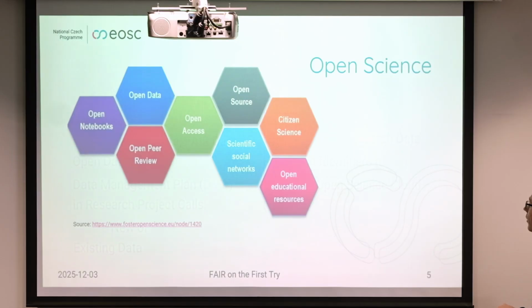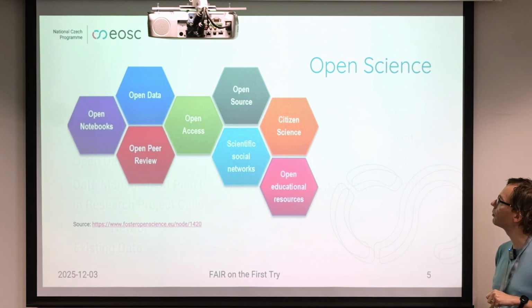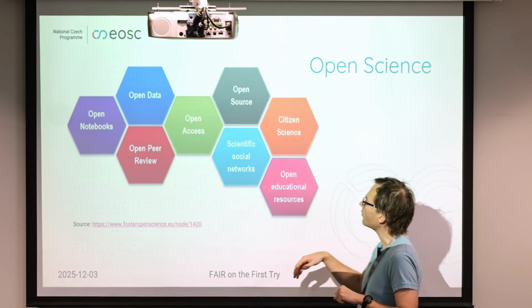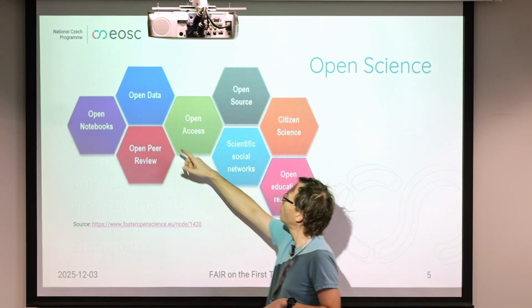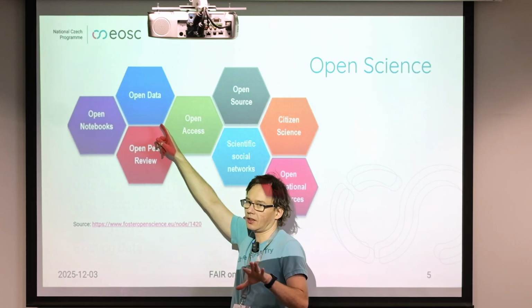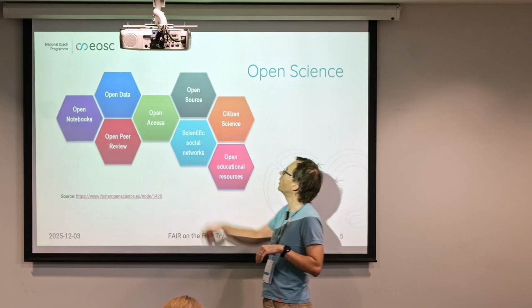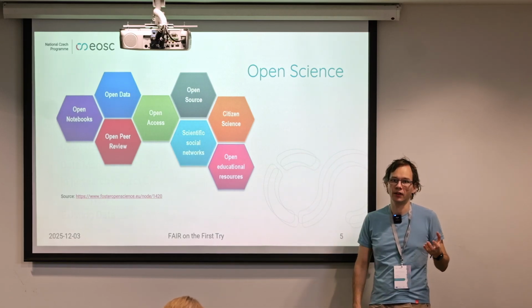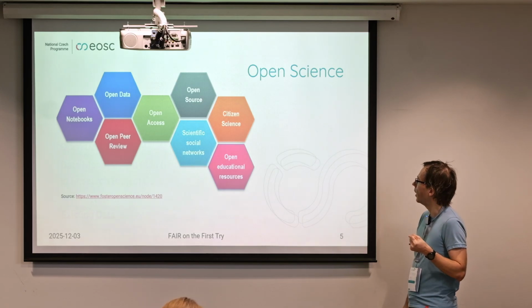So first, some kind of context. We are speaking about open science in general, and in this work we will focus on data, not necessarily open data, but FAIR data, and somehow it's related to open source, as software is a very important part of handling research data.